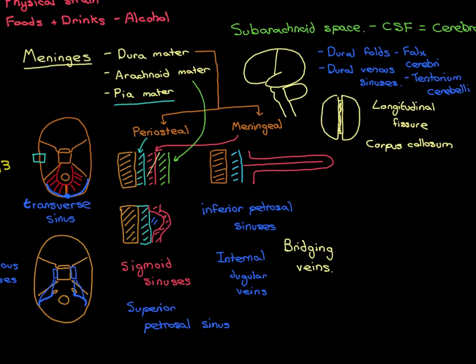This nicely cushions the brain. It means that if we are chucking our head around a little bit, if our head's going all over the place, then hopefully the brain's not going to bang up against the skull because it's got this nice fluid cushioning it between itself and the skull. Okay, so that is the way that the anatomy of the meninges works.